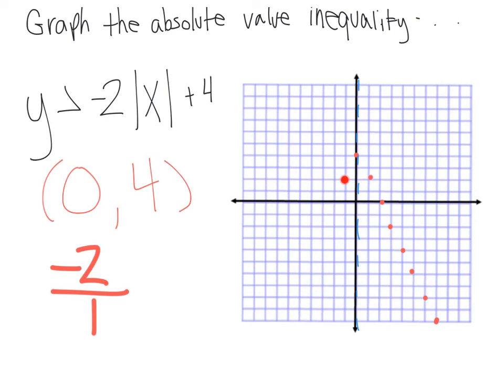I'm going to go 1 space in the other direction, plot a point. Okay, my next point down is 2 spaces away, so I'm going to go 2 spaces to the left, plot my point. And then I'm going to do the same thing for the others. So this should be perfectly symmetrical.